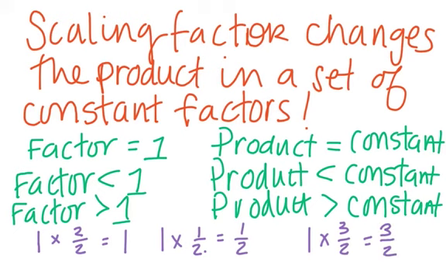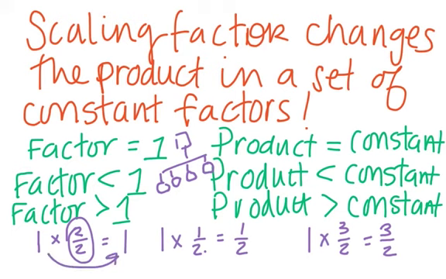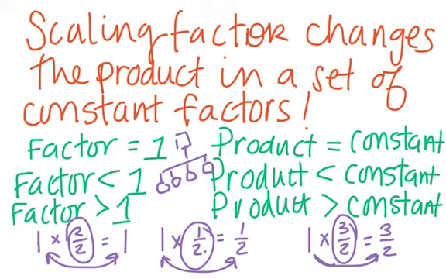So if we look at the rule, we've multiplied by 1, and our factor and product are the same. We've multiplied by less than 1, and the product is less than the constant. We've multiplied by greater than 1, and the product is greater than the constant.